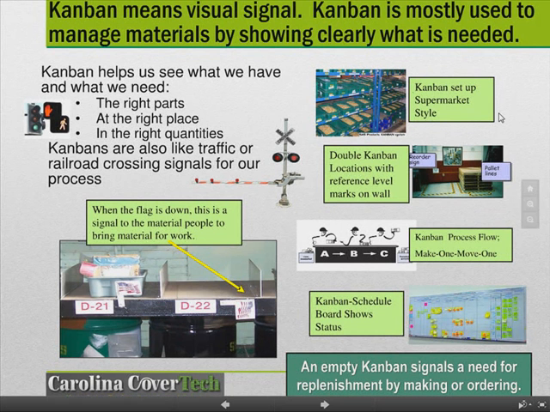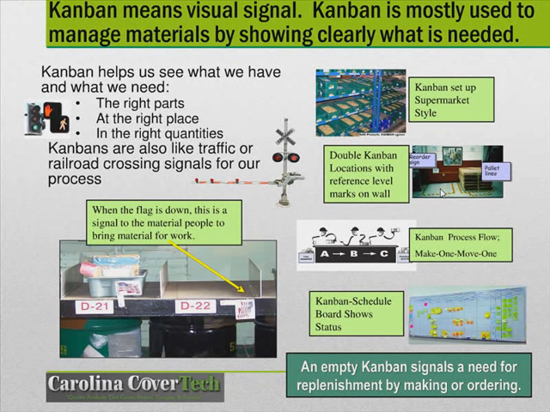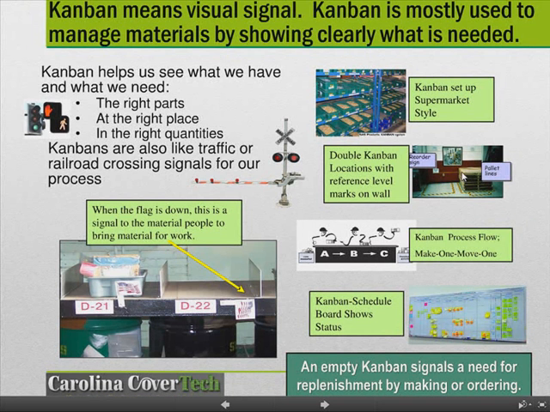Here's an interesting implementation where we have marked on the wall a level, and we have material stacked in two very clear locations. When one stack goes down, it's kind of an alert that we need to be on the watch, but we do not replenish until the second stack gets to the replenishment mark.